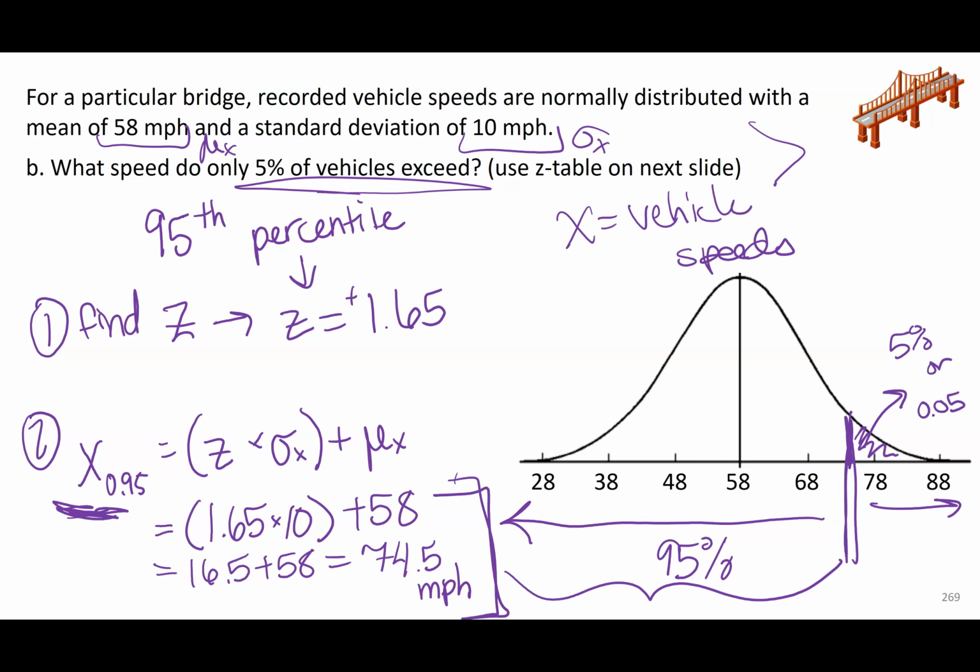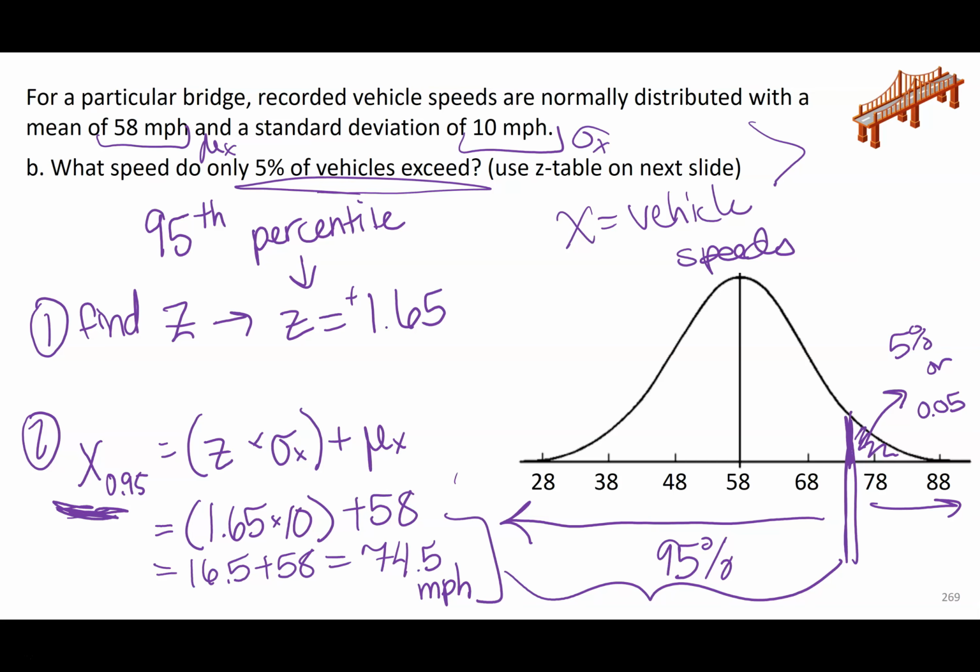So translation: only 5% of cars are going faster than 74.5 miles per hour. It means that 95% are going slower than that 74.5 miles per hour.